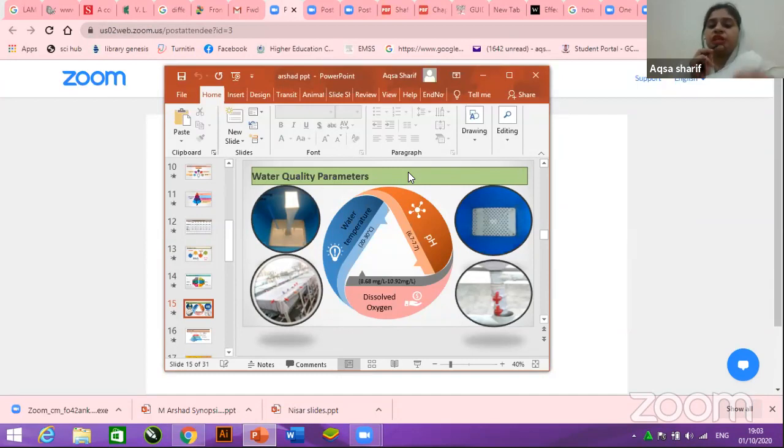Then the pH was maintained between 6.7 to 7.7, and the DO, it means dissolved oxygen, was also maintained within the range of 8.68 milligram per liter to 10.92 milligram per liter. In the pictures around the sides of the slide, the first picture shows the feeding plate on which the feed was added, the second picture shows the tanks in a row in the laboratory, the third picture shows the mesh that was present in the tank, and the fourth picture shows the valves which were opened and closed for the collection of fishes.